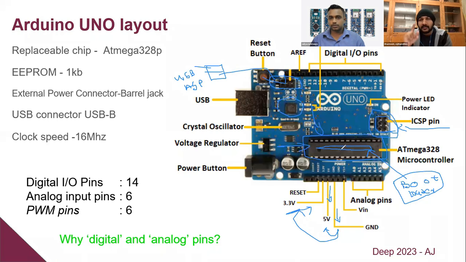So first, you need to bootload this chip using a different programmer. But nowadays, you can buy bootloaded chips also. It means that it comes with the bootloader. You just have to plug and play.